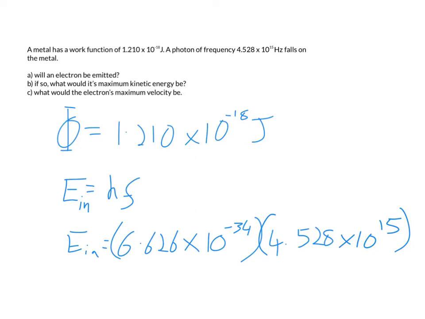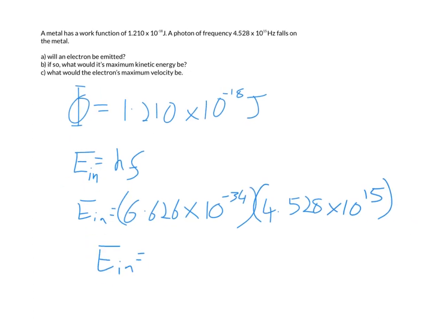When we multiply this out, we get the energy of the photon as 3.000 by 10 to the power of minus 18 joules. Now, if we want to see if an electron will be emitted, we compare the energy from the photon to the work function, and if the energy is greater than the work function, then an electron will be emitted.